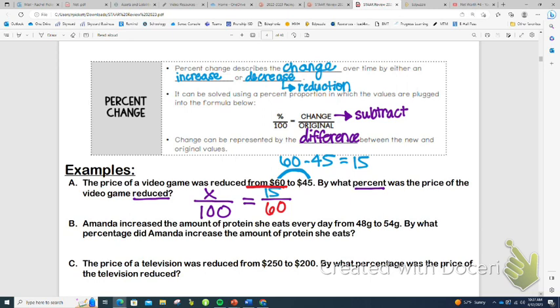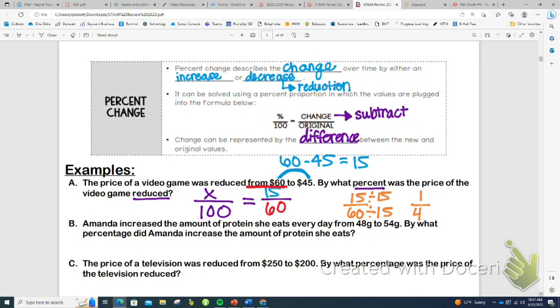Now we could cross multiply and divide right away, but I'm going to go ahead and simplify 15 over 60. I know that I can divide 15 and 60 both by 15. 15 divided by 15 is 1, and 60 divided by 15 is 4.